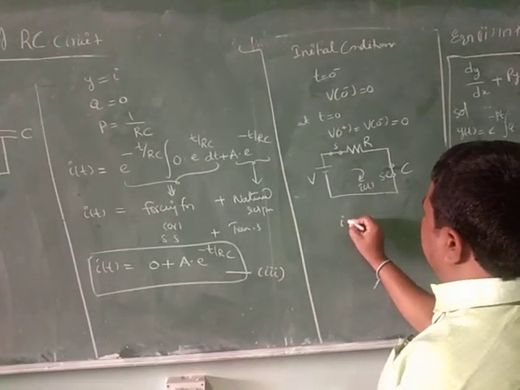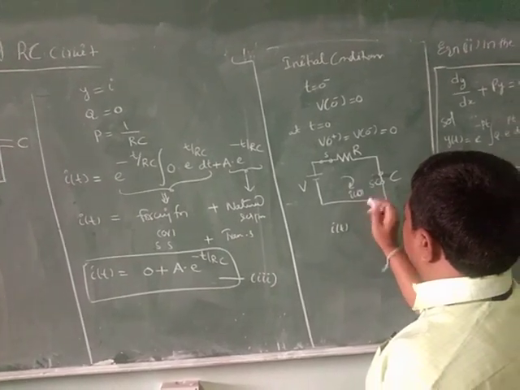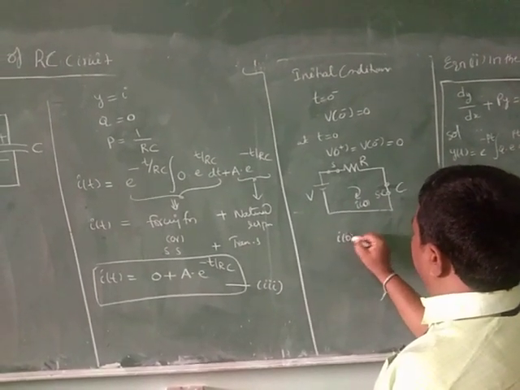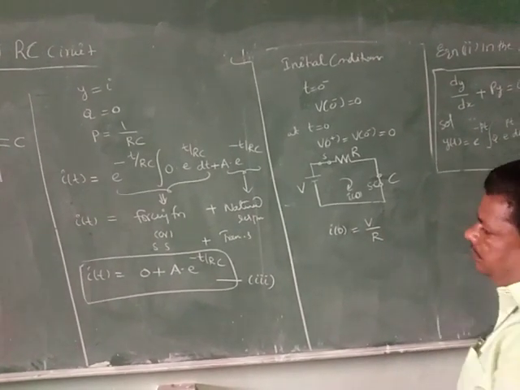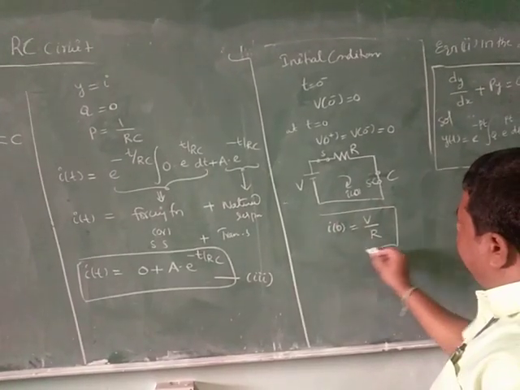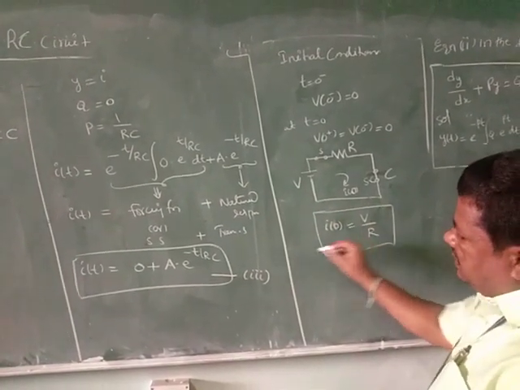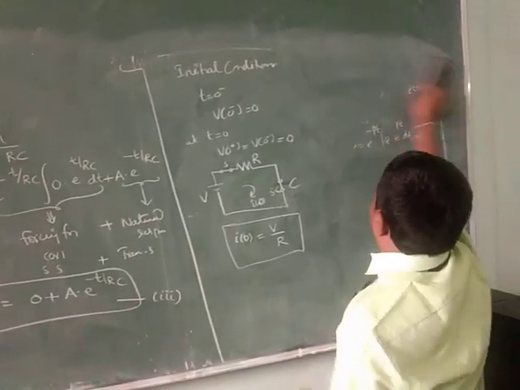Now the total current in the circuit, I of 0, depends completely upon V and R. So this is the initial condition. Substitute this initial condition in equation 3.